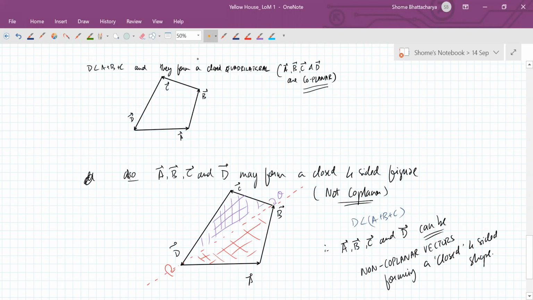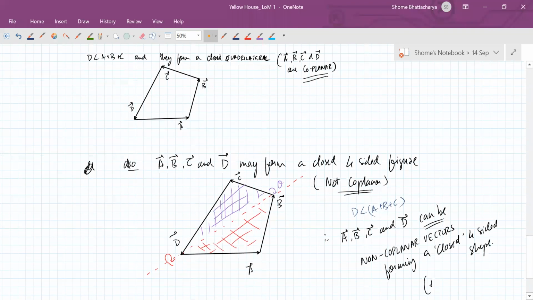Now, such a shape we won't call a quadrilateral, but we can call it like a folded quadrilateral. It is a folded quadrilateral.